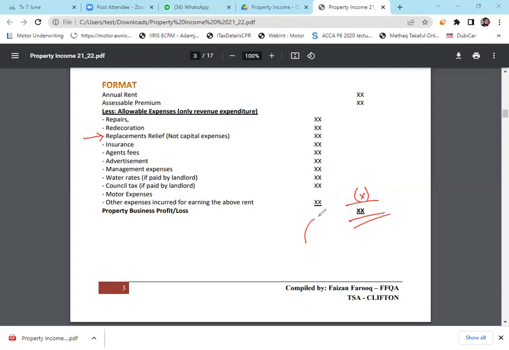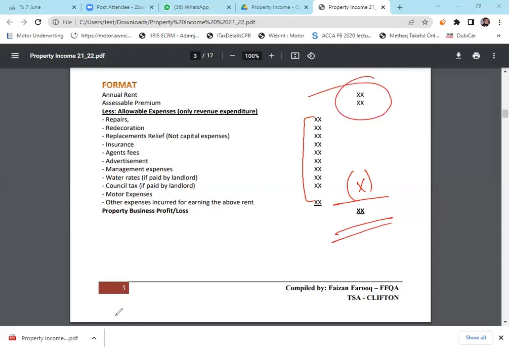This type of expense must be a revenue expense paid by the landlord during tax year 21-22, and the expense should be wholly and exclusively for the property. If all these conditions are satisfied, these expenses will be deducted from annual rent and premium amount.